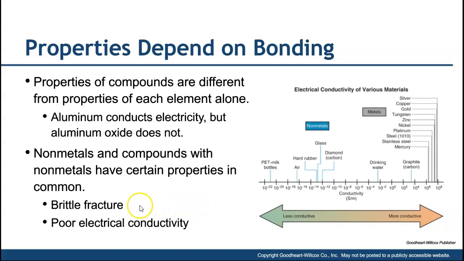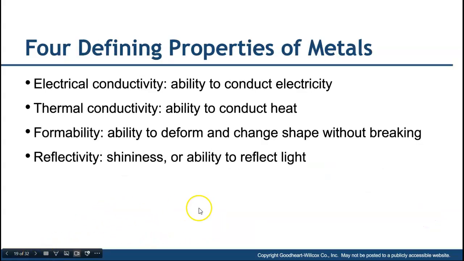Those properties include brittle fracture and, of course, poor electrical conductivity. The four defining properties of metals are electrical conductivity, which is the ability to conduct electricity; thermal conductivity, the ability to conduct heat; formability, which is the ability to form and change shape without breaking; and reflectivity, or shininess, the ability to reflect light.